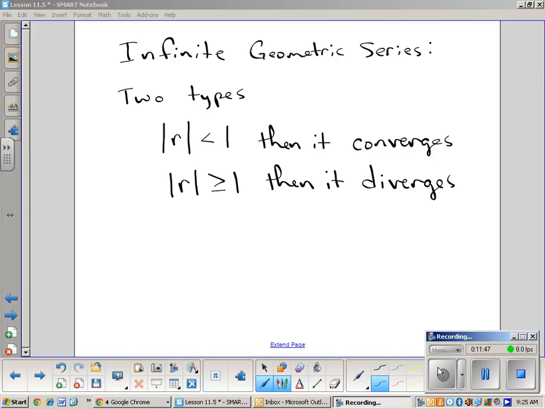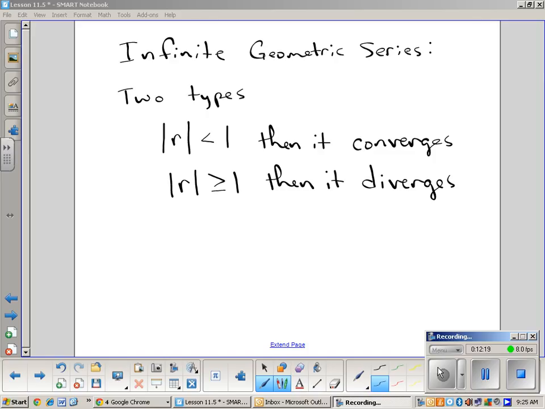So when r is less than 1, it's going to converge onto a number. When it's greater than 1, it's going to diverge, go away from. It's going to keep getting bigger and bigger, or smaller and smaller. It's not going to approach a certain number. Kind of like a limit.